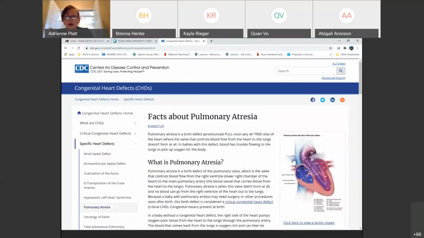I wanted to talk about pulmonary atresia. If anything has atresia, that means it's like stenosis, but with stenosis, some of the blood gets through. Atresia is, if we look here where the pulmonary artery is, let me click here for a larger image.